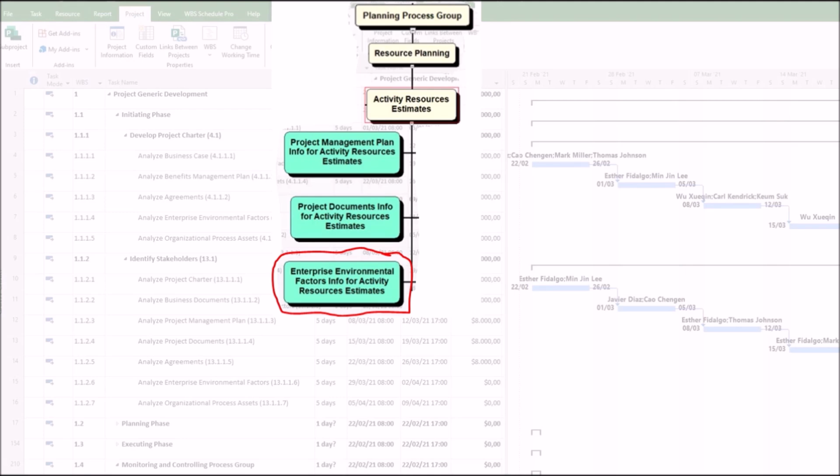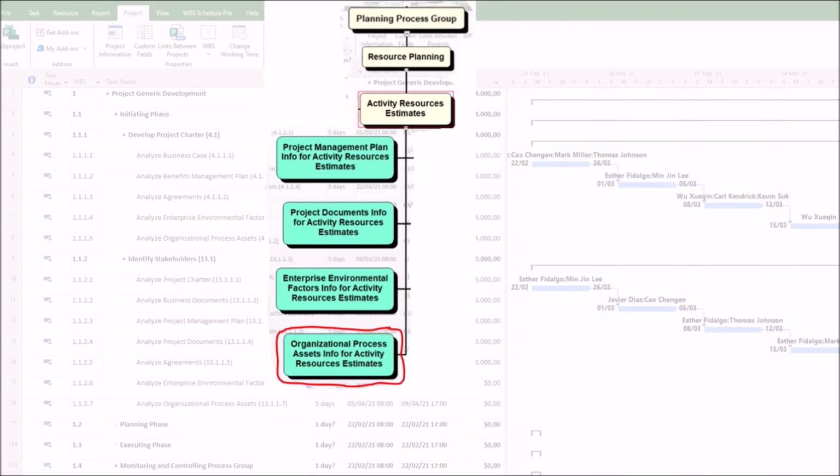It is a strategic planning activity that must be deeply informed by the real-world environment. A poor enterprise environmental factors analysis severs the resource plan from reality, transforming it from a reliable management tool into a primary source of project risk.